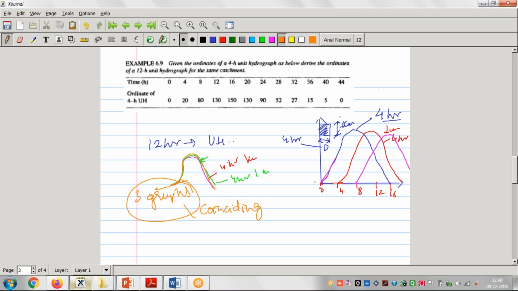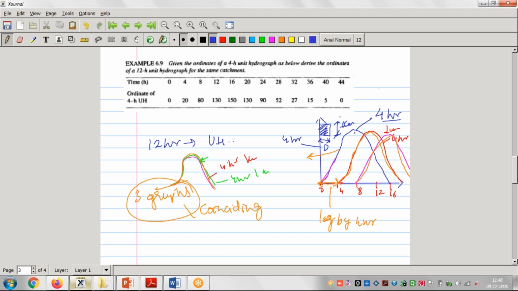That's why we start after 4 hours. We say this is a lag of 4 hours: after 4 hours, again the same graph we draw looks like this, and after 8 hours the shape will be the same, starting after 4 hours.